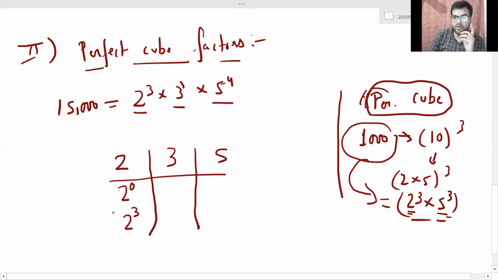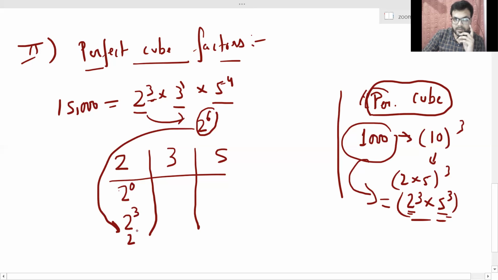Okay, that's it. We cannot take 2 raised to the power 6 because the maximum power of 2 here is 3 only. So if there would have been, let's say, 2 raised to the power 6 present, then we would have taken 2 raised to the power 6 also, but we cannot take it. Why? Because the maximum power of 2 in this format is 3.